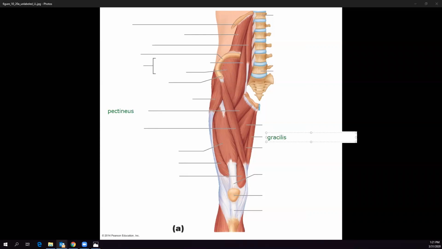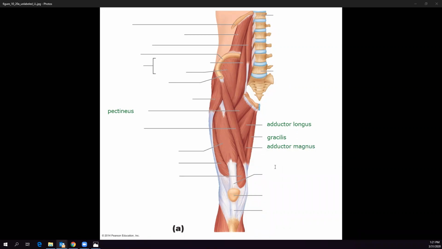It's the innermost of all of those muscles that are in your thigh right there. This is going to be the adductor longus. And then this is going to be just a little bit of adductor magnus that we can see in this view. Okay. All right.